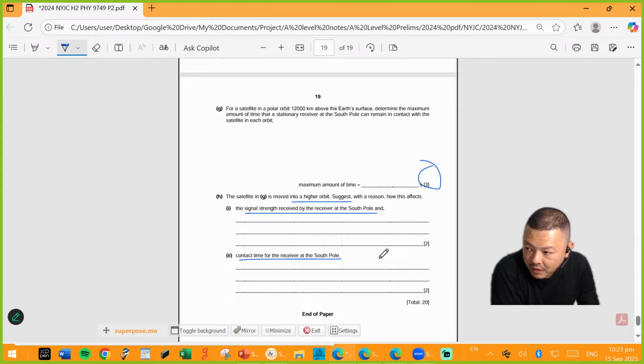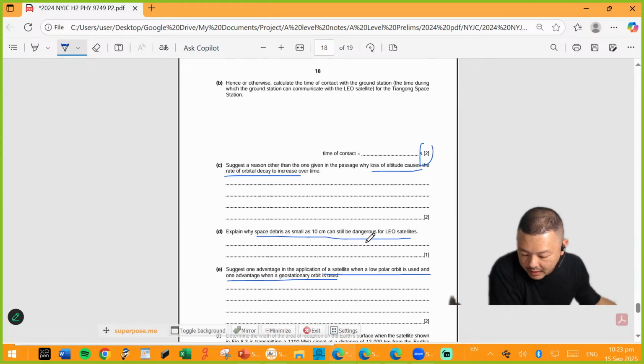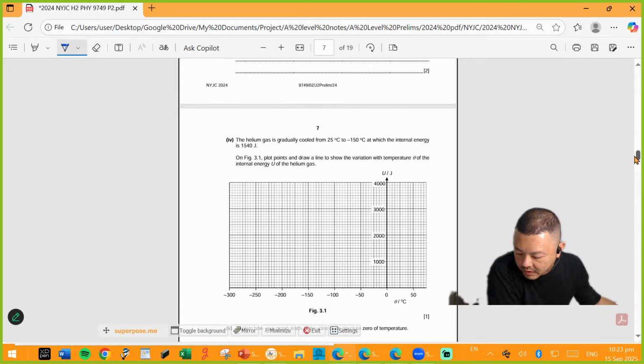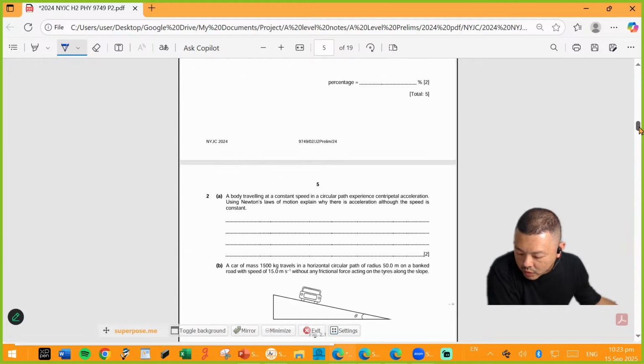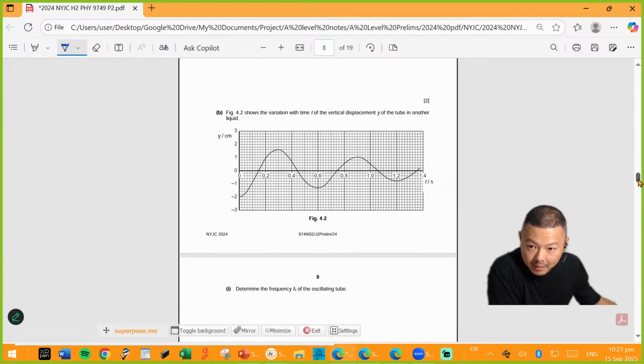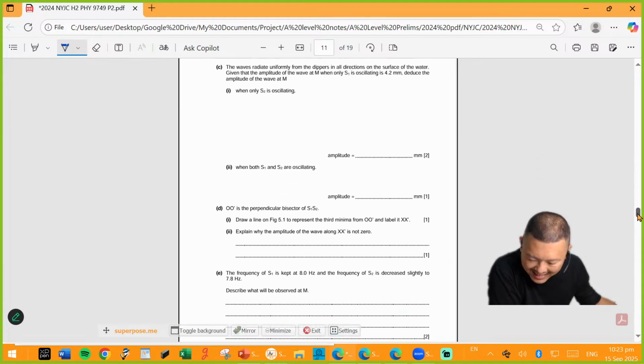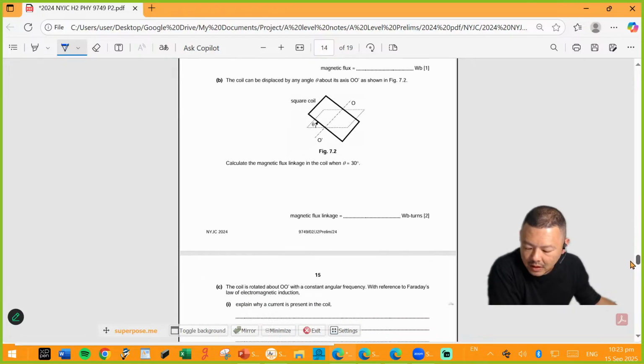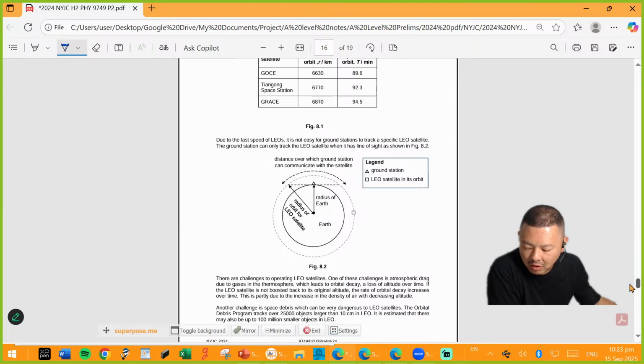Okay, so if you manage to do the front part rather quickly, then you would be able to have more time, okay? But then again, limit yourself to 30 minutes max for your data response. Beyond that, law of diminishing returns.